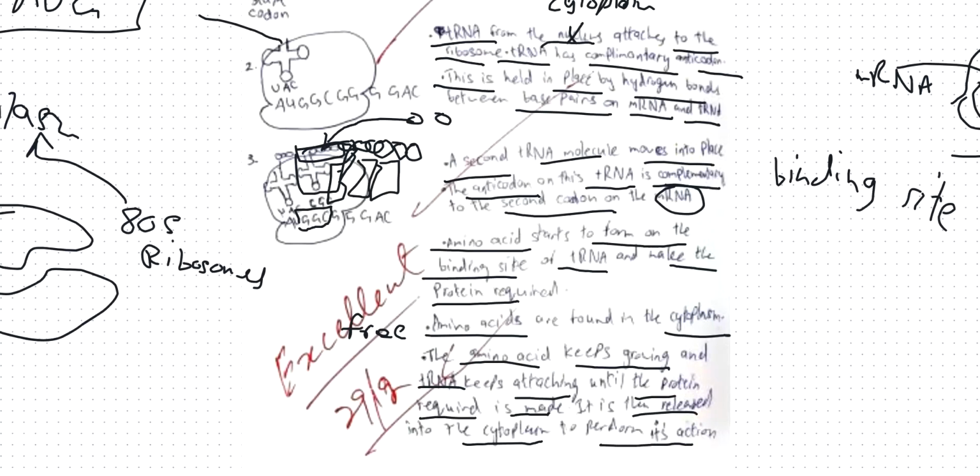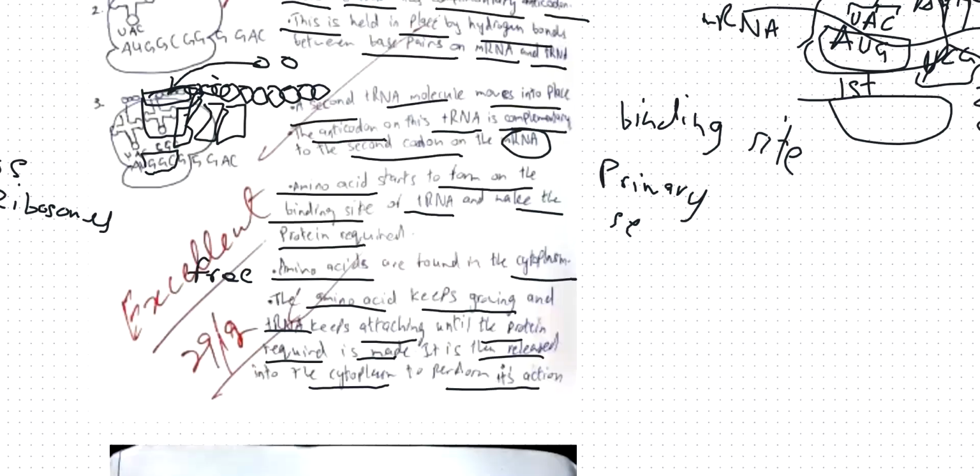And so you're making this big amino acid chain, and this will continue to happen until the protein required is made. And then this amino acid chain will go through the four structures: the primary, the secondary, the tertiary, and the quaternary structure. So this is how a protein is made, and this is called translation.